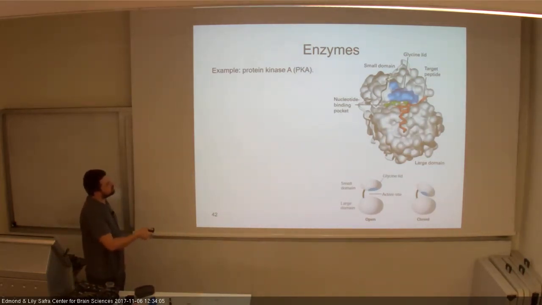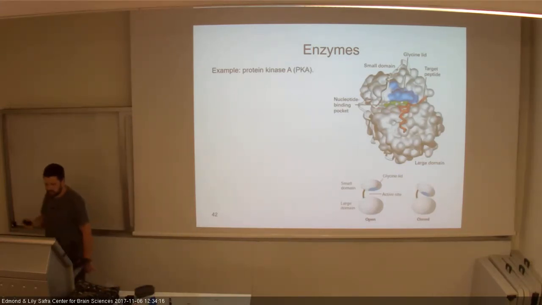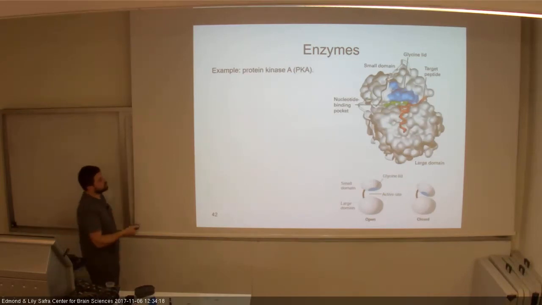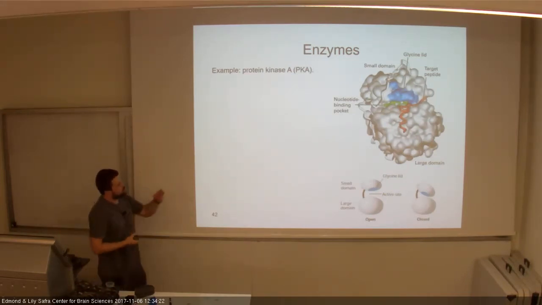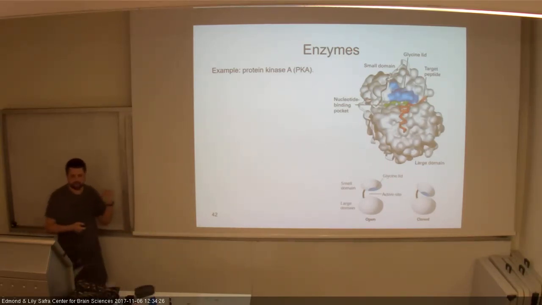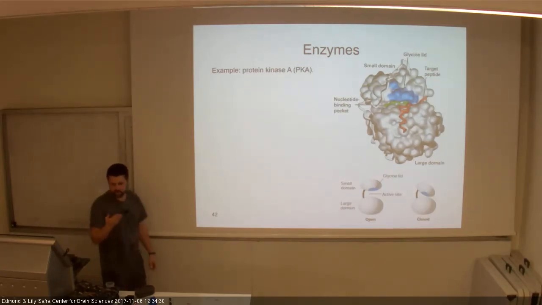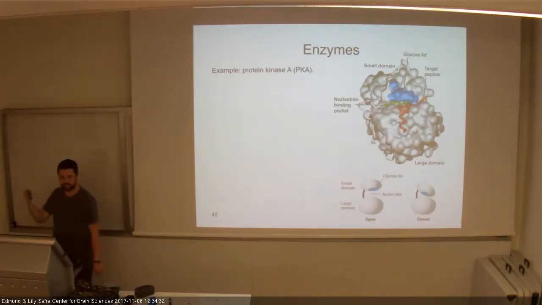And you also see here inside this cleft a nucleotide binding pocket. In this case, it's ATP. ATP is a type of nucleotide, so in this nucleotide binding pocket, you'll find ATP. Every time you see an enzyme that's called kinase, it means that this enzyme phosphorylates some other protein.